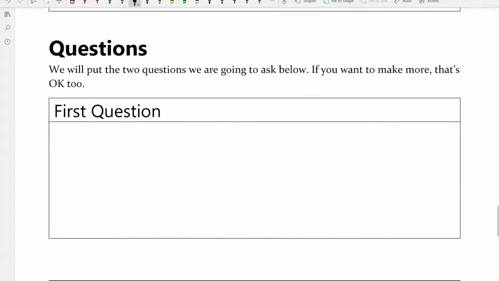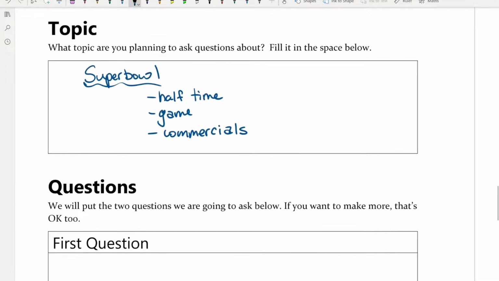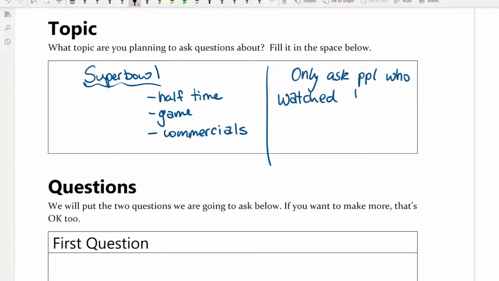So I'm actually going to ask 3 questions, and I'm allowed. But I'm only going to ask people who watch the game. That is my population. I'm interested in people who actually watched the game. And I'm going to sample the first 10 people I find who watched it.